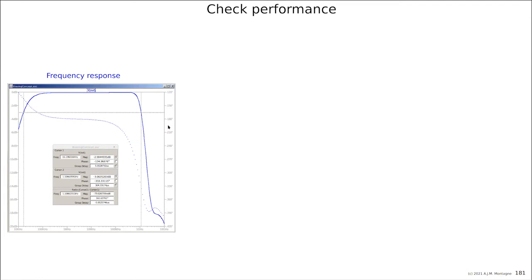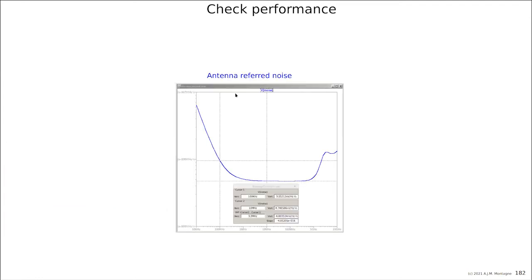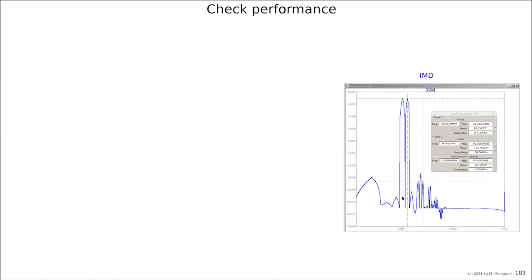So we have the frequency response. The antenna-referred noise is at 100 kilohertz below 10 nanovolts per square root of hertz, and at 10 megahertz below 5 nanovolts per square root of hertz, which was the requirement. Then the IMD, and I think I took the wrong one here. I should have taken a middle.